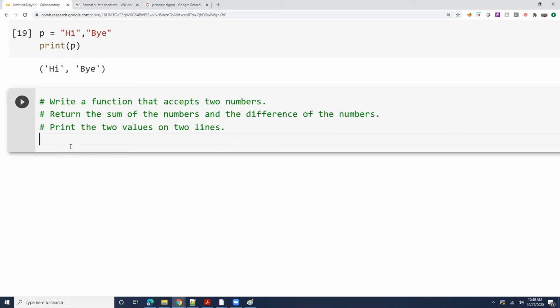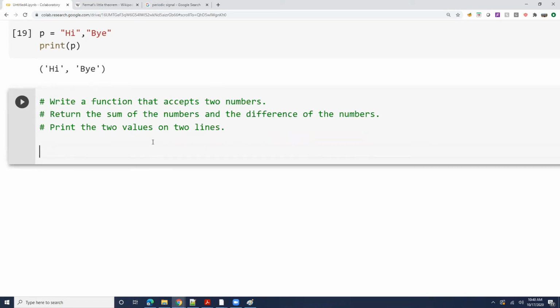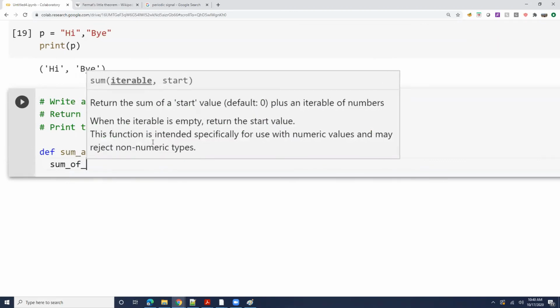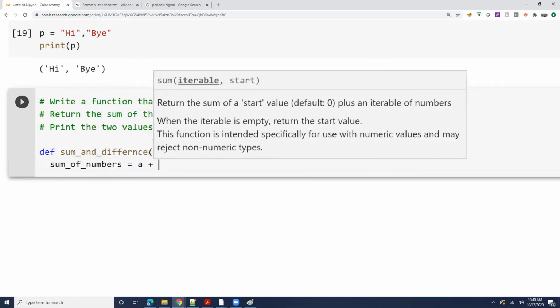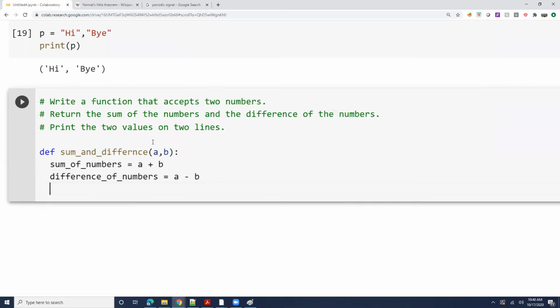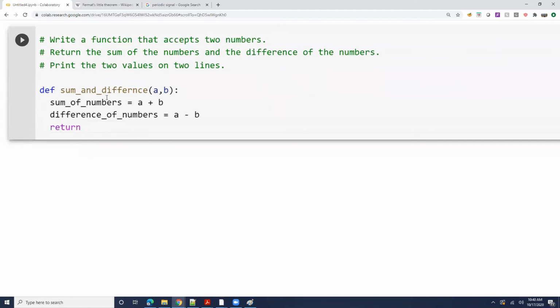How do you return the answer on two separate lines? Okay, so first let's answer this question. Some of you, all of you, are already doing this. So sum and difference of a comma b: sum of numbers equal to a plus b, difference of numbers equal to a minus b, and return sum comma difference, right?